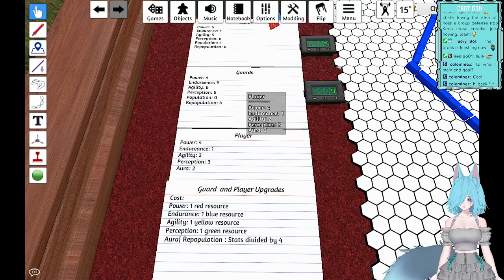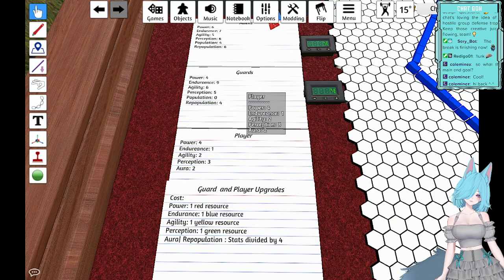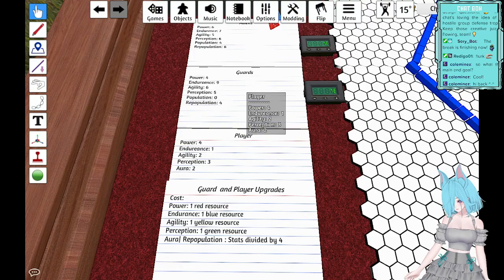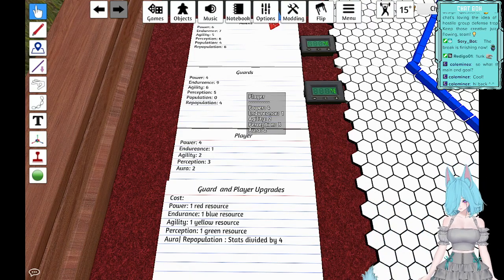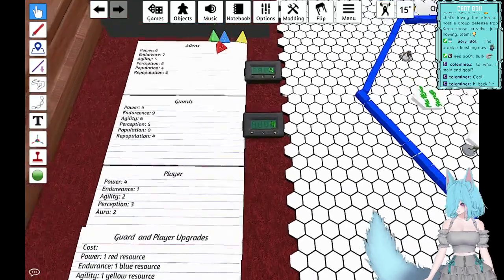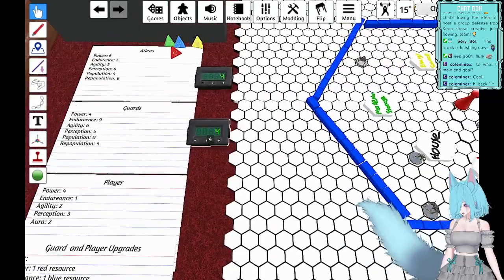I guess for now I'm gonna round it down, so we can have a little bit more playtime. So we're gonna stay on 2 aura for now, and we're gonna start our turn.